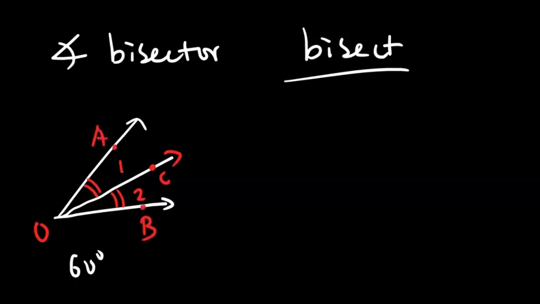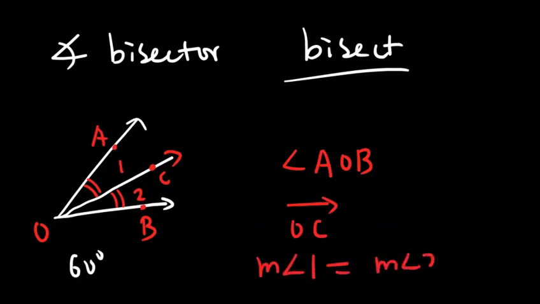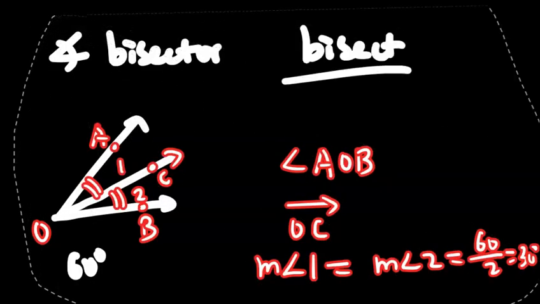Angle AOB is bisected by ray OC. Angle 1 and angle 2 have the same angle measure. Bisect means cut by half, which means each of them is 30. Very good. I think we truly get this.